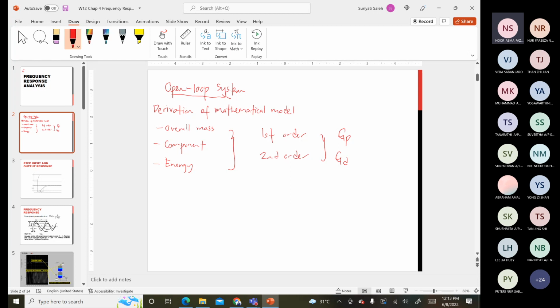While the disturbance transfer function, of course, since the name is disturbance, it represents what kind of input will interfere your total response. So since both of these, you have the process, you have the disturbance, that means it is not possible to reach the required set point value. So thus you need the closed loop system.